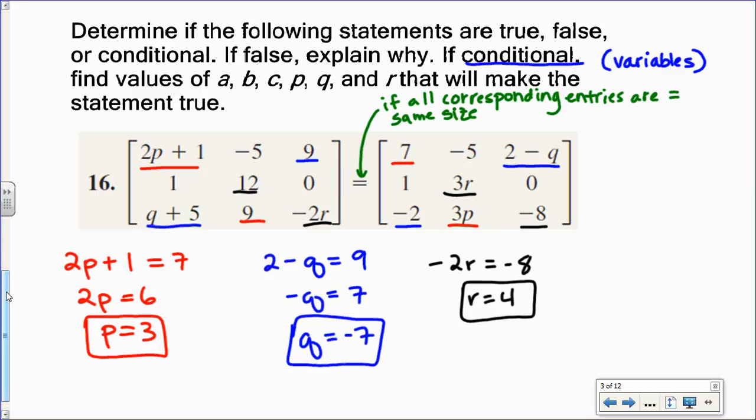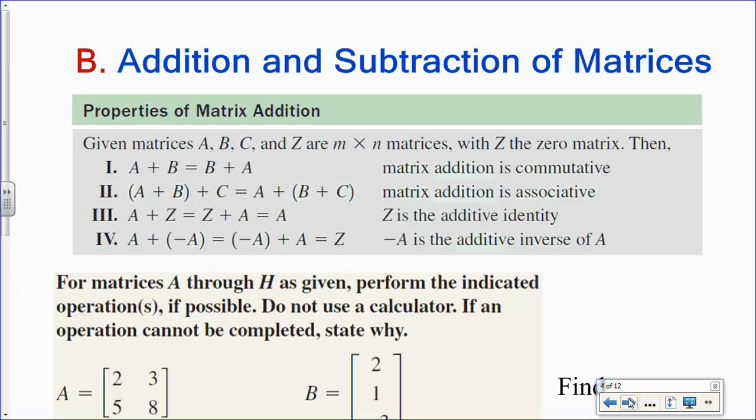All right, let's look at addition and subtraction. So the addition properties of real numbers hold true with the addition properties of matrices.